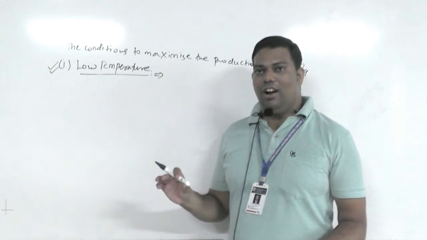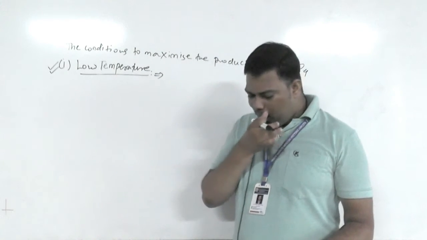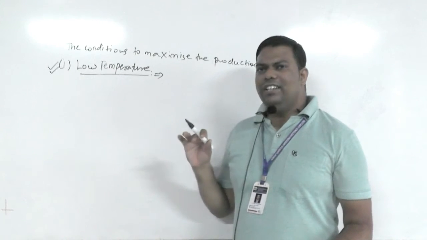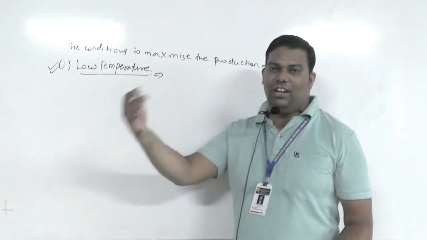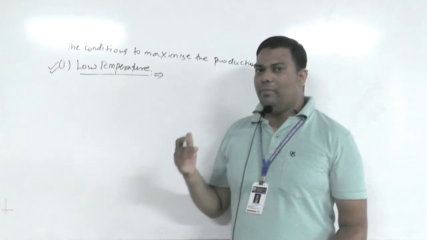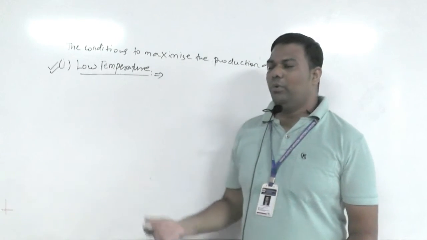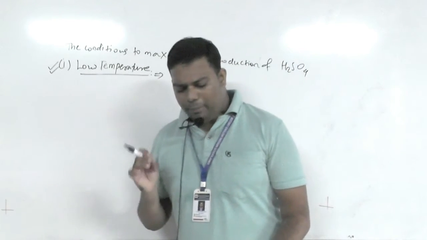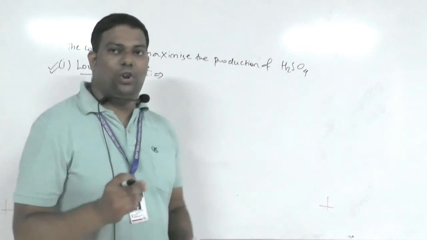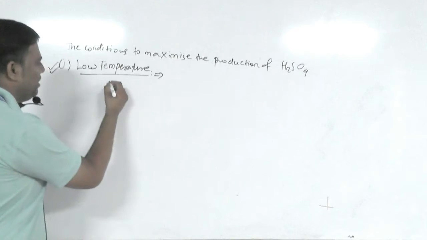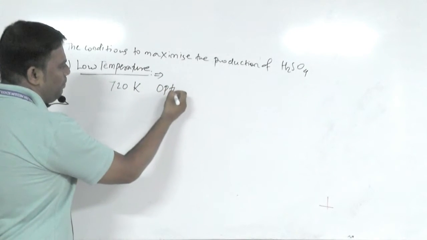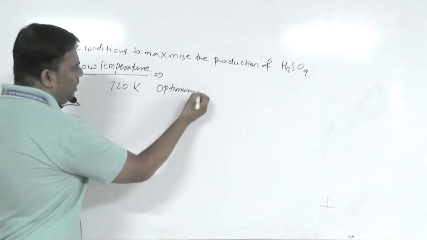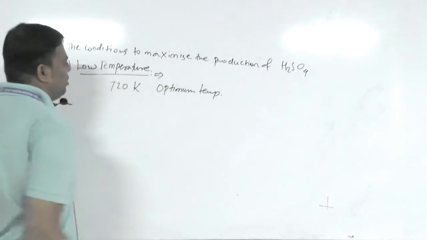It is essential for maximizing the production of H2SO4; we need some optimum temperature, that is low temperature, and how much is it? 720 Kelvin. So we call that temperature the optimum temperature.